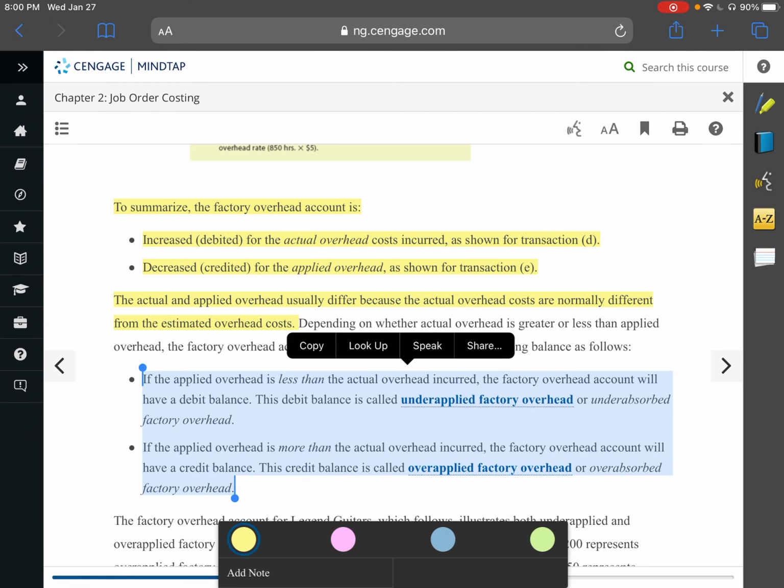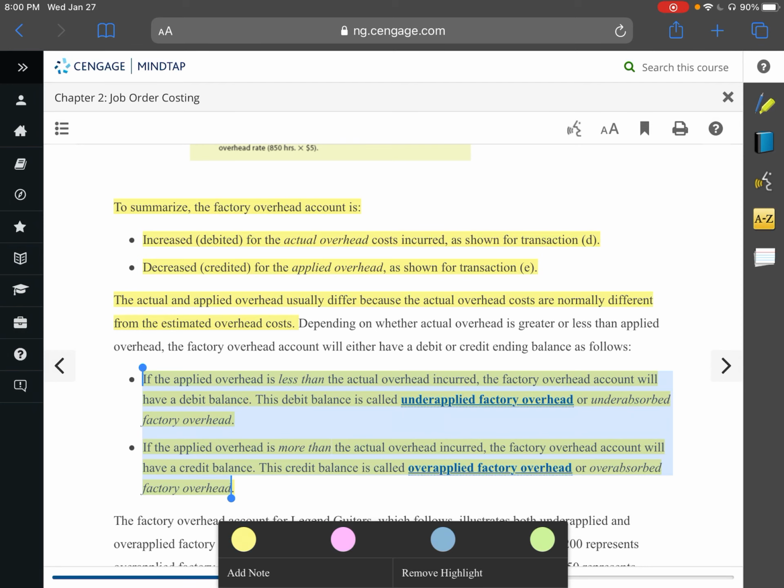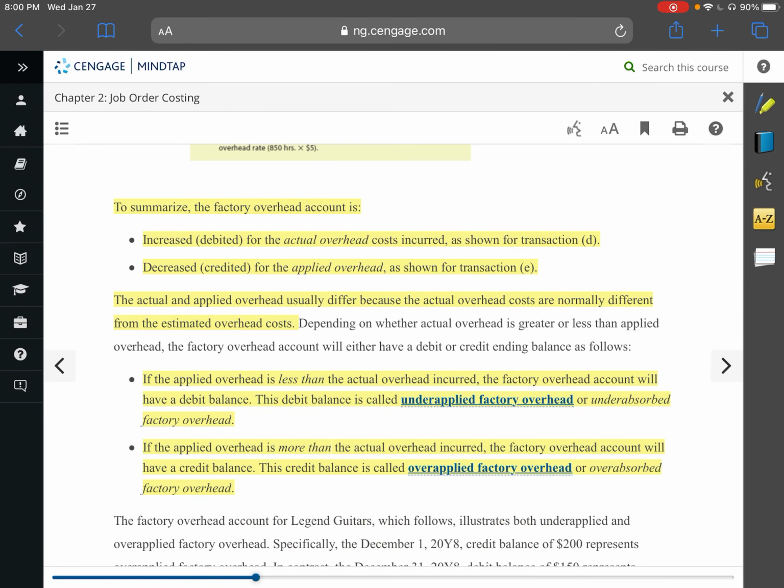So let's look at these two things right here. If the applied overhead is less than actual, then the factory overhead account would have a debit balance. That debit balance is called underapplied factory overhead, which makes sense because if what we actually incurred is more than what we estimated, then it was underapplied.